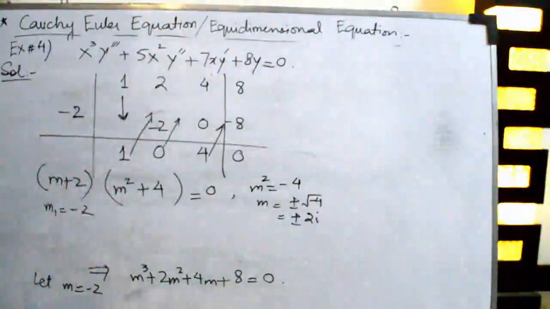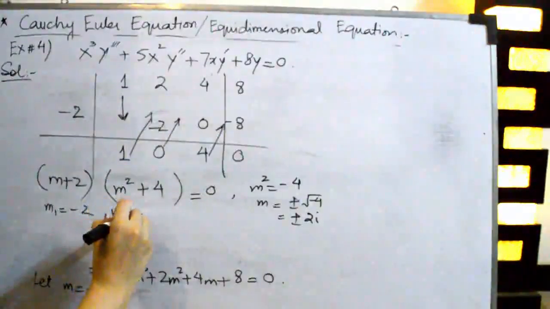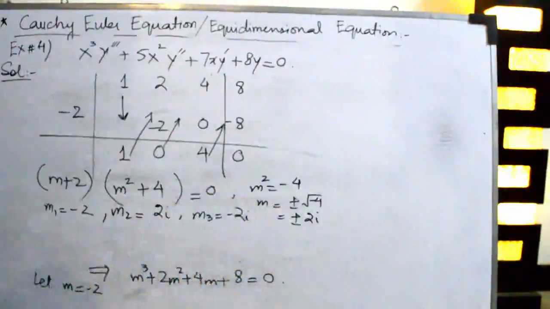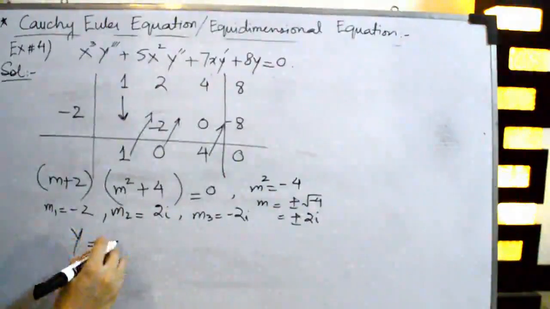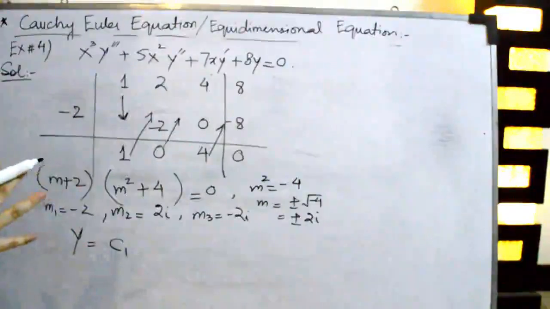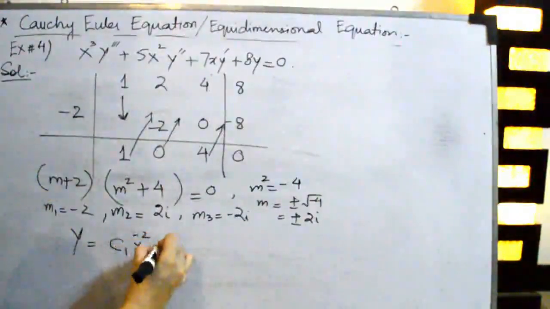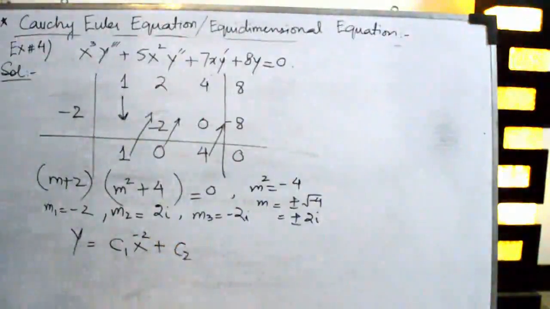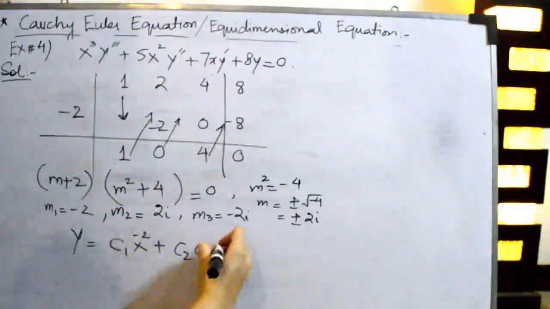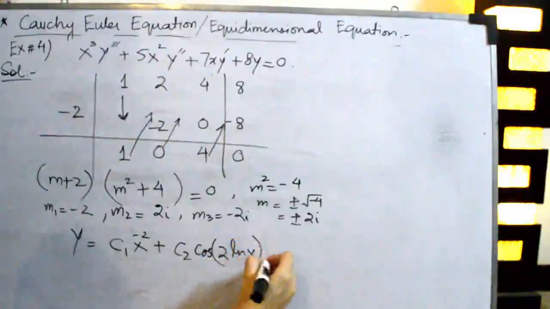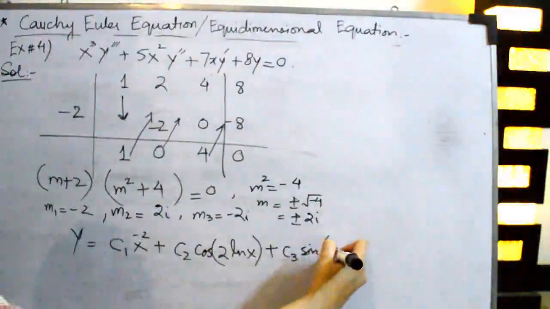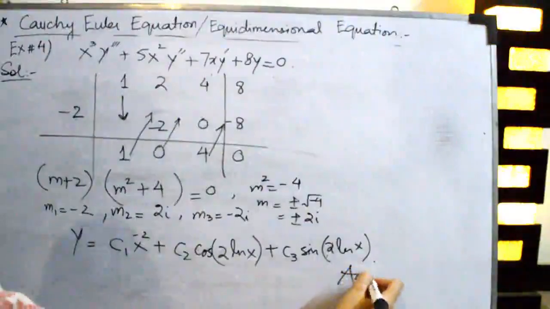So m2 is 2 iota and m3 is minus 2 iota. That makes your solution, because it is a Cauchy-Euler equation, C1 x to the power minus 2 plus, there is no alpha so x to the power alpha is not considered here, C2 cos of 2 natural log of x plus C3 sine of 2 natural log of x. So this will be the solution.